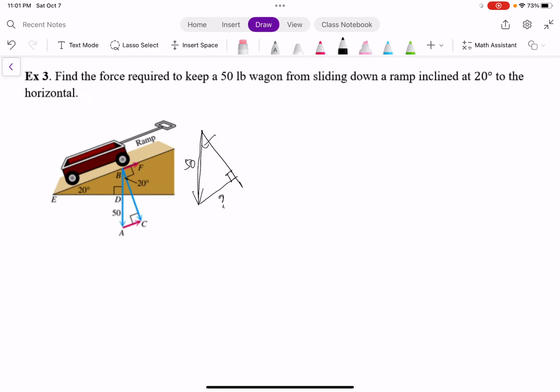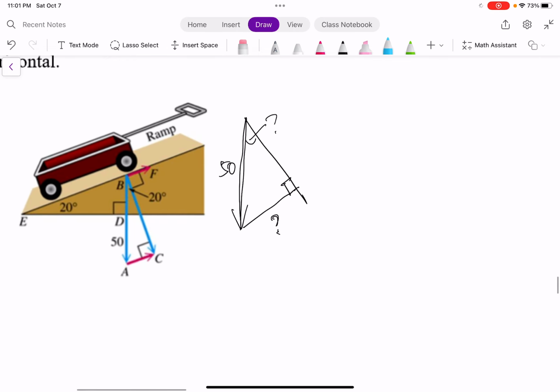We do not know the angle here. Even though the picture shows it is 20, why is it 20? Let's see the angle here. This angle plus this angle equals 90 because this is 90. We can say this is angle alpha. So 20 degrees plus alpha is 90. Also look at this. Do you think this is 90 degrees?